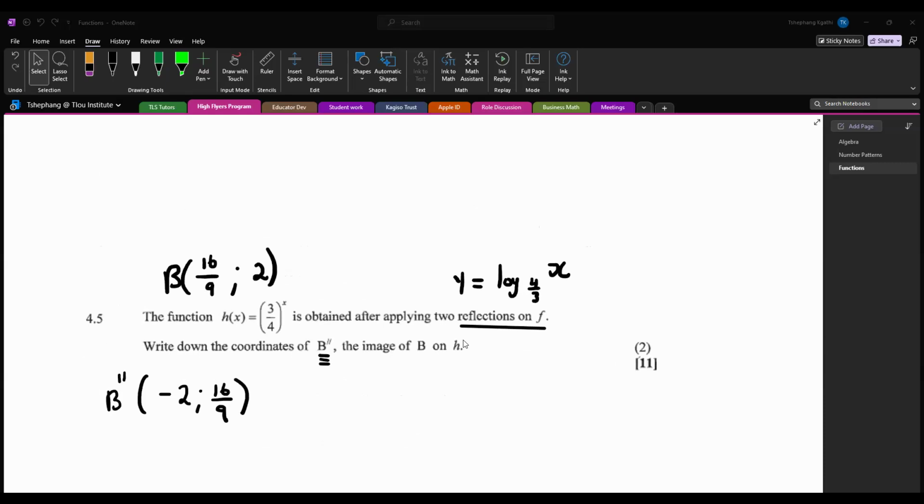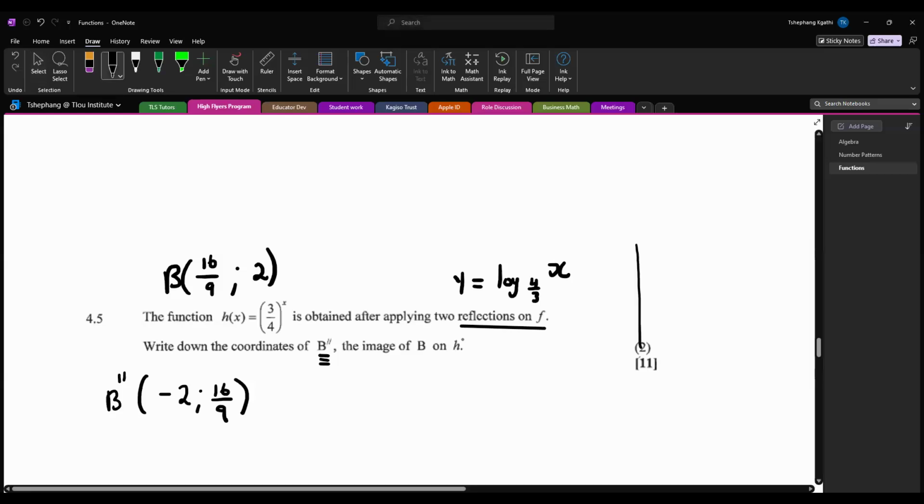Now, remember with a reflection, what you're going to do is reflect on the x-axis, and you're also going to reflect on the y-axis. So remember whenever you have your Cartesian plane like this, then there's this dotted line, which we know as y is equal to x.